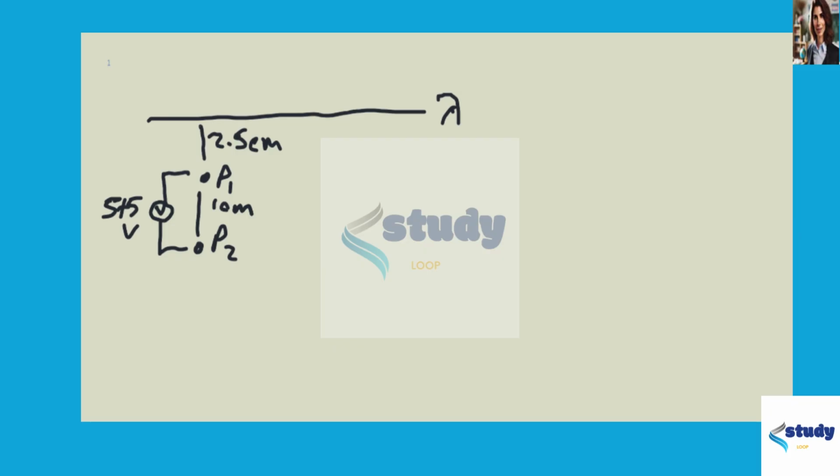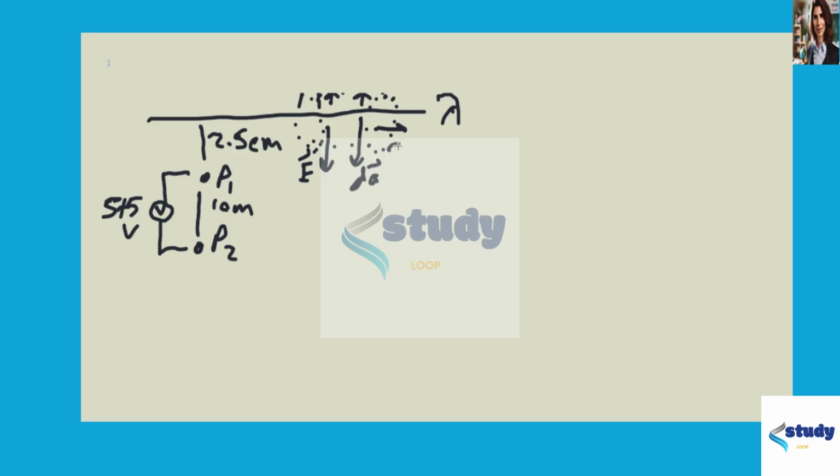So first we need to find the electric field from this wire, and we can use Gauss's law. We'll draw a nice symmetric Gaussian cylinder around this wire. The electric field points radially outward, and dA also points radially outward.